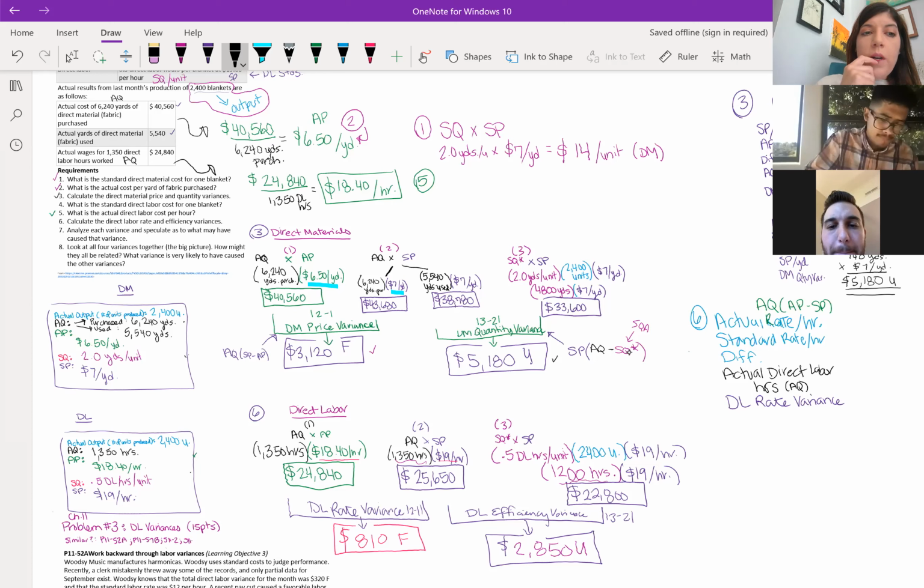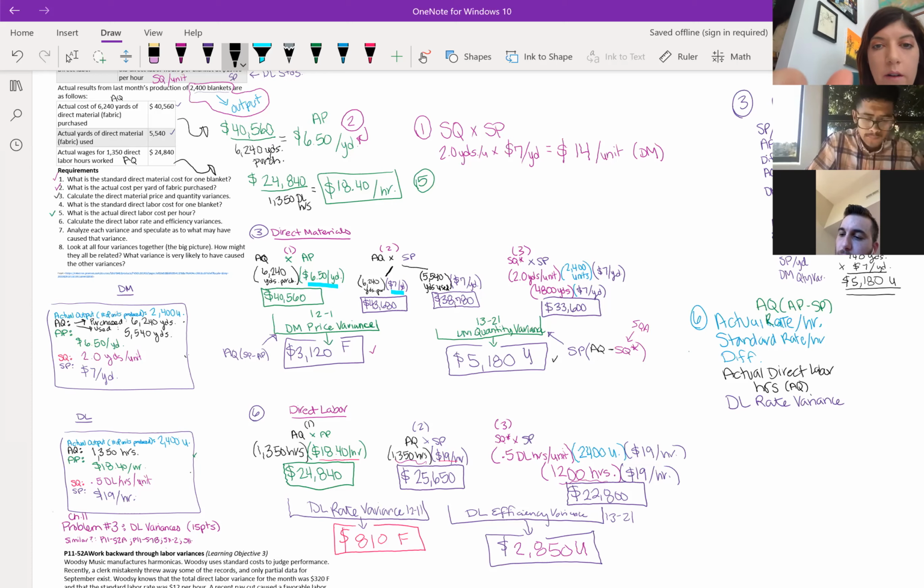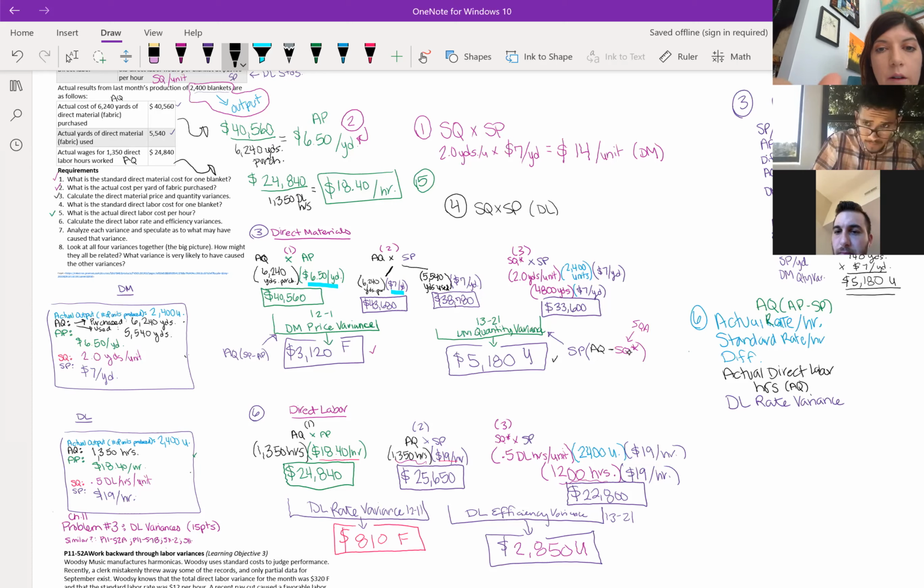For number 4, what is the standard direct labor cost for one blanket? You have to do the same calculation as you did for number 1. So number 4, you're taking your standard quantity times your standard price, and this is for direct labor. So standard quantity is 0.5 direct labor hours per unit at a standard price of $19 per hour.